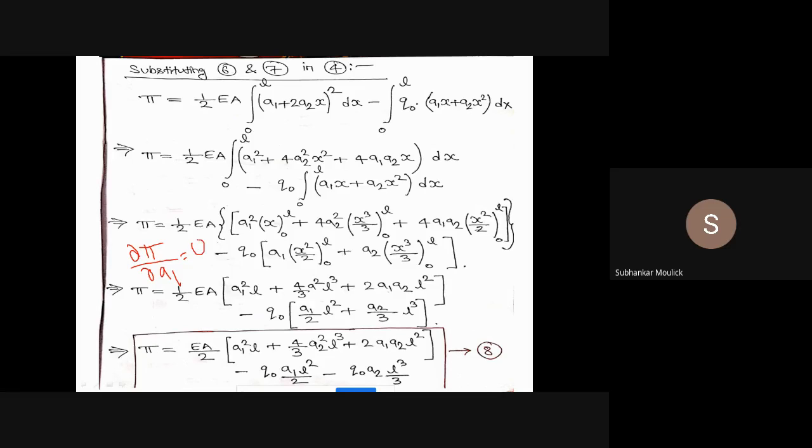I will get one equation. Second time I will partially differentiate pi with respect to A2, and again equate it to 0. So from this term you will get one equation, from this particular term you will get a second equation. Both equations will have the constants a1 and a2, so you have two equations and two unknowns, a1 and a2. You can easily find the values of a1 and a2. Is the step clear?